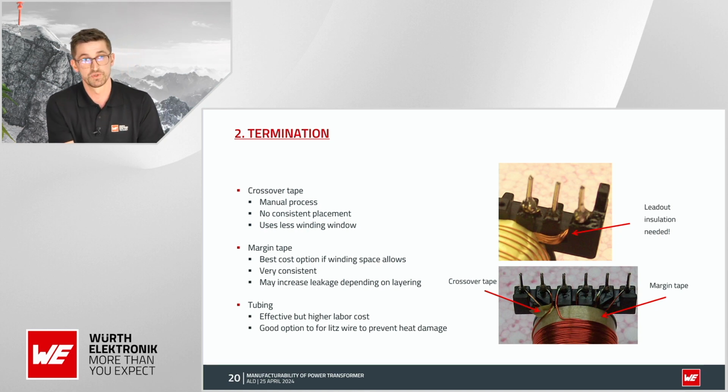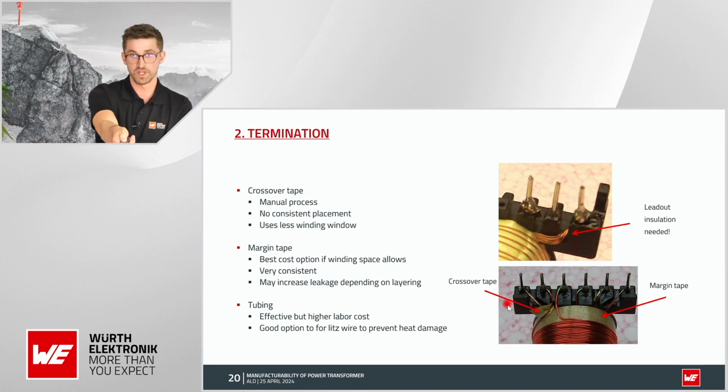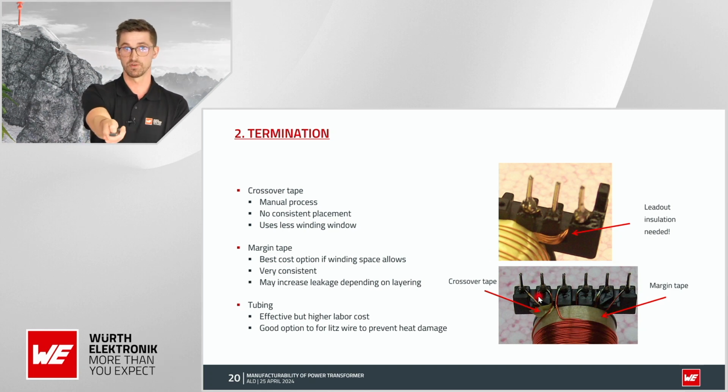The first solution and option we can use is the crossover tape, as it is visible here on the picture on bottom right. The crossover tape most of the time is a manual process and its placement is not consistent, but the advantage is that it uses less winding window. The second option we can use is the margin tape, visible here. It is the best cost option if winding space allows it.